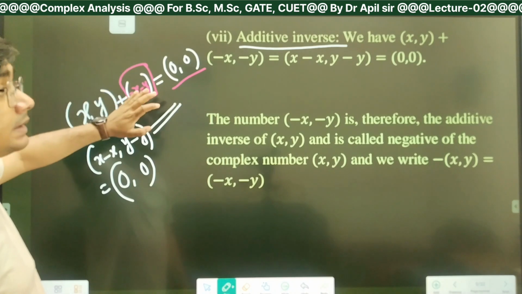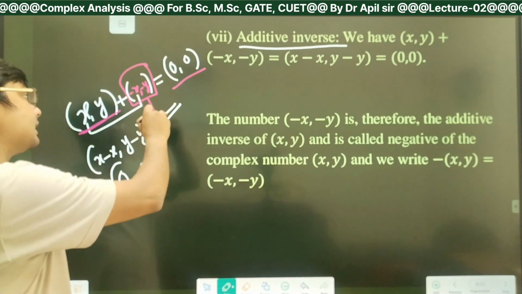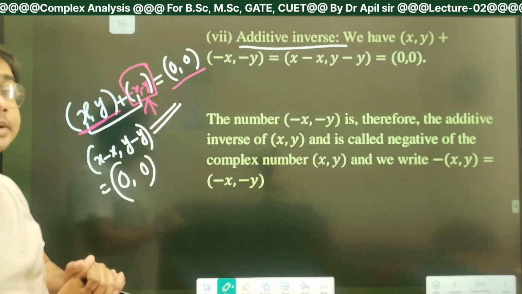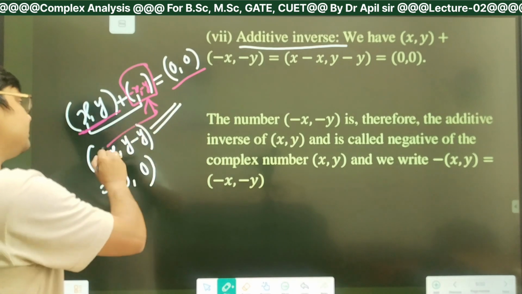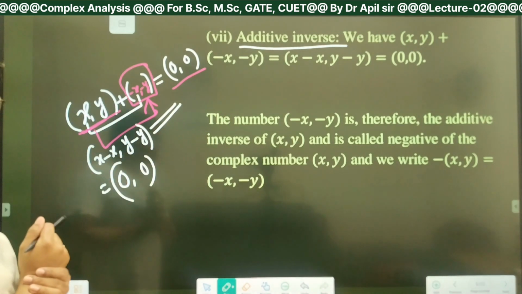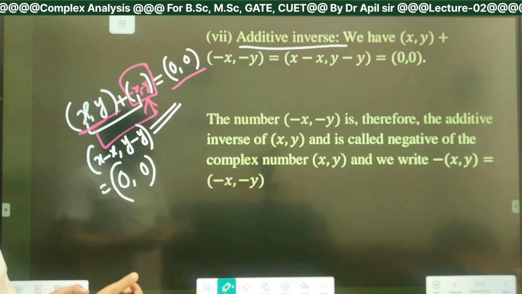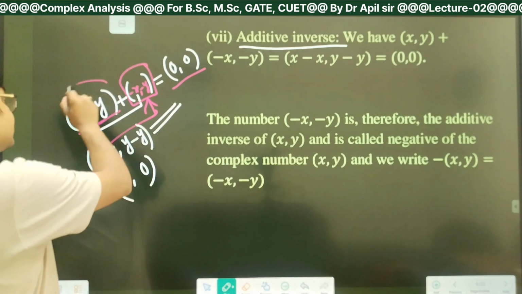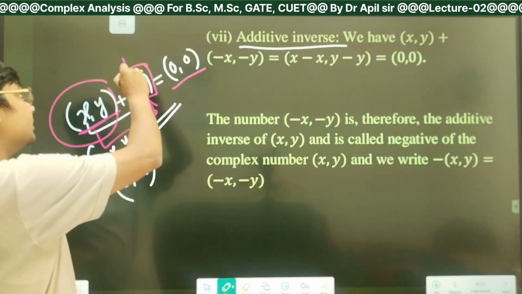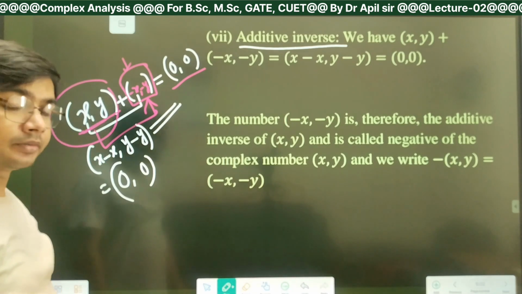In this case minus x, minus y is called the additive inverse of this complex number, and also we can say this x, y is the additive inverse of that one, right?